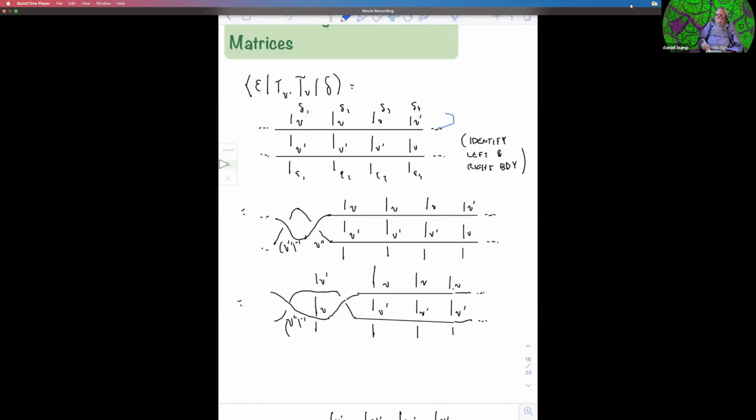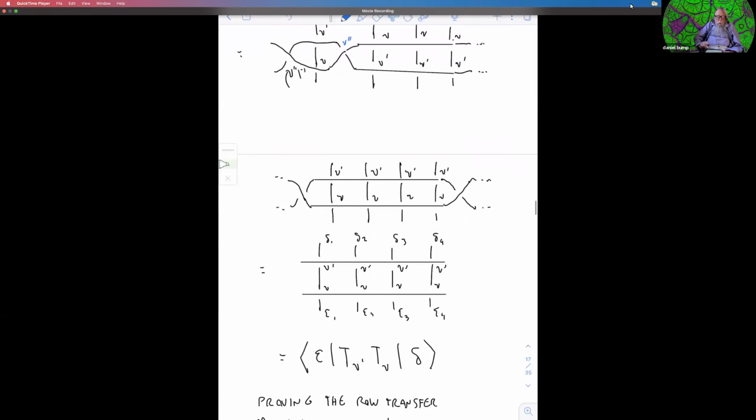And then I start applying the Yang-Baxter equations. So each time I apply the Yang-Baxter equation, the V double prime, which is now here, is going to move across a strand, and it's going to switch V and V prime. And I repeat this.